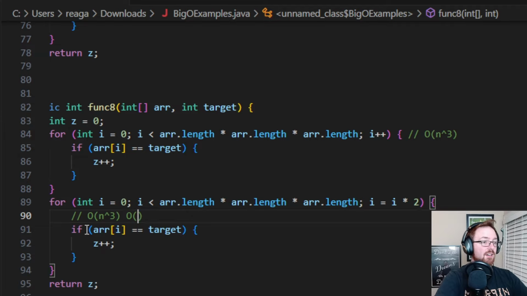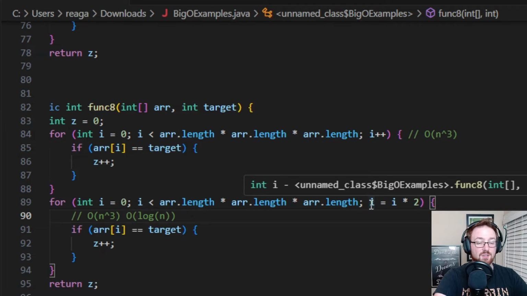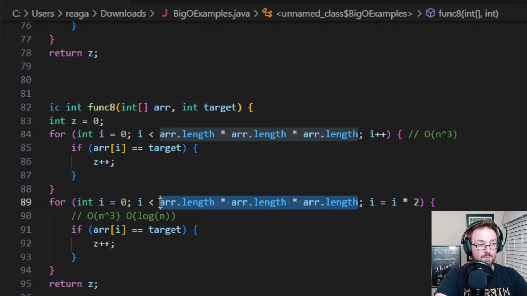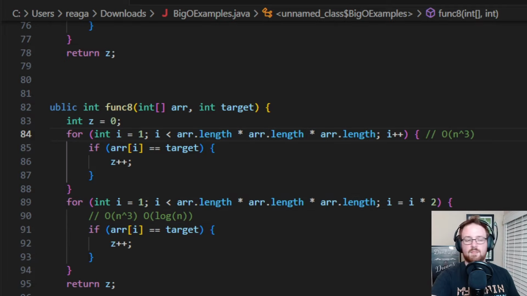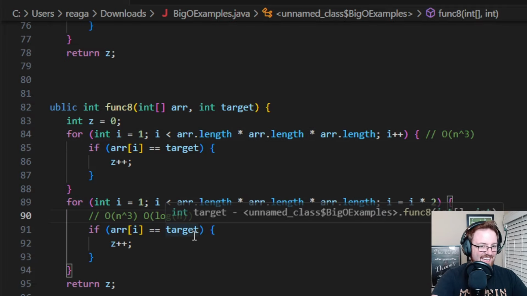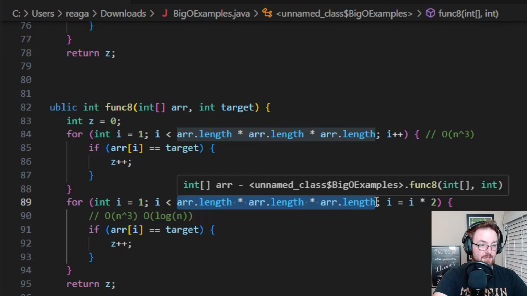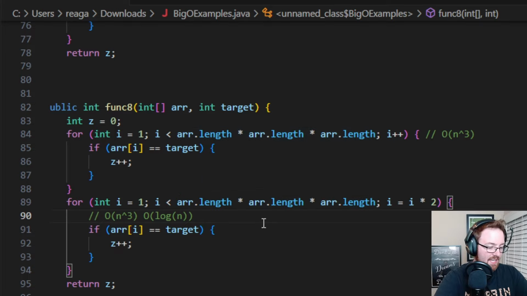So our second big O is log of n, or more specifically, log of the amount of stuff we're going over, which in this case is n cubed. I had to double check myself a couple times on this one because it is very weird, but we end up with big O of log of n, but instead of progressing over n, we're progressing over n cubed, because n cubed is the length of the array that we're going over. It's log n cubed.